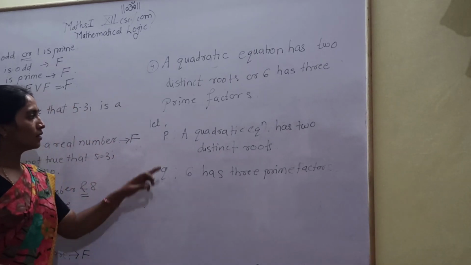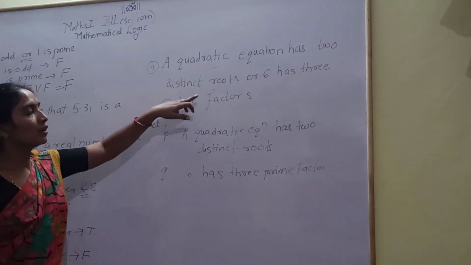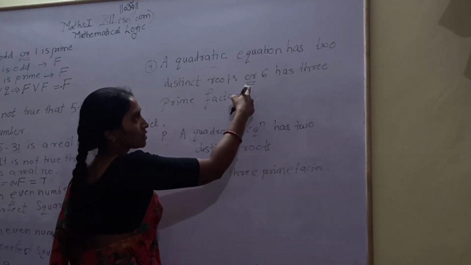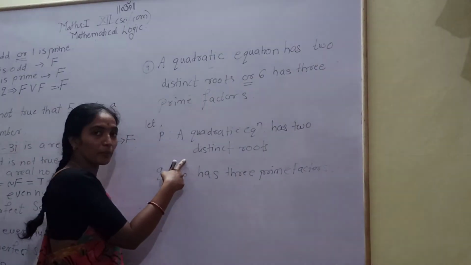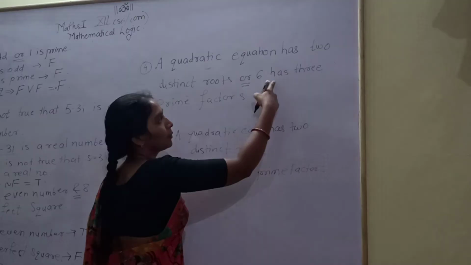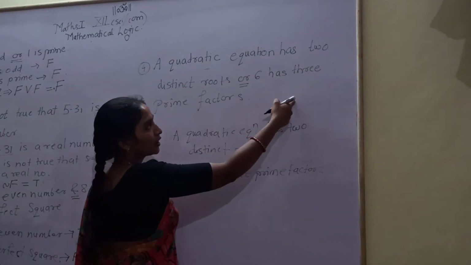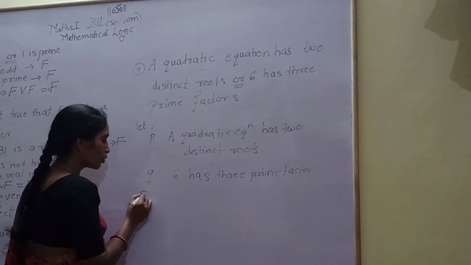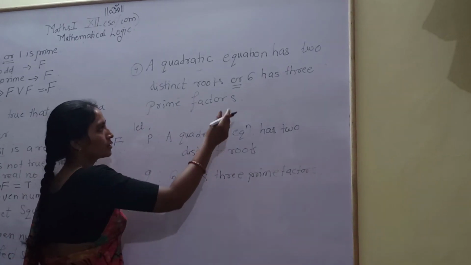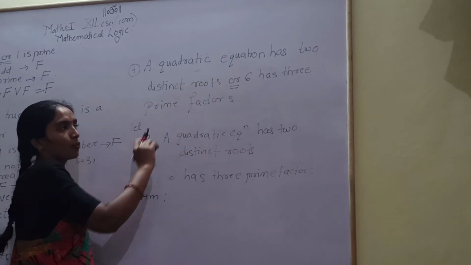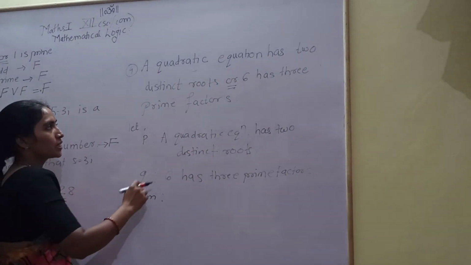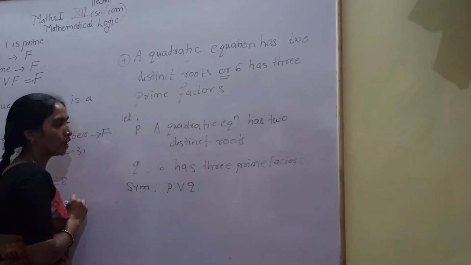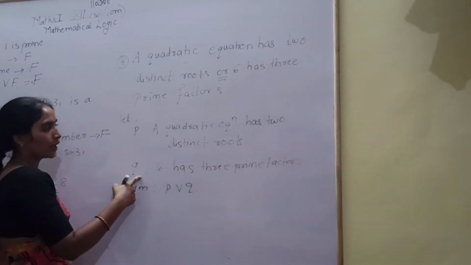See, we are separating these two statements. Whatever statement comes before the connective, we take as the first statement. Whatever comes after the connective, we take as the second statement. Now, first of all, we want to write its symbolic form. Yes, the connective used in this compound statement is or, which means it is of the disjunction kind, P or Q.